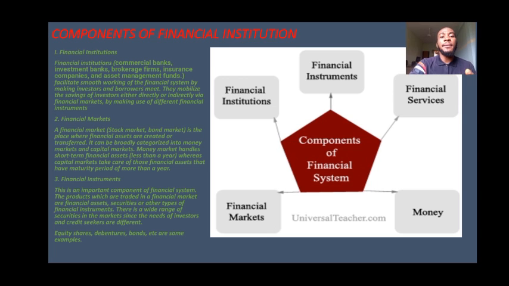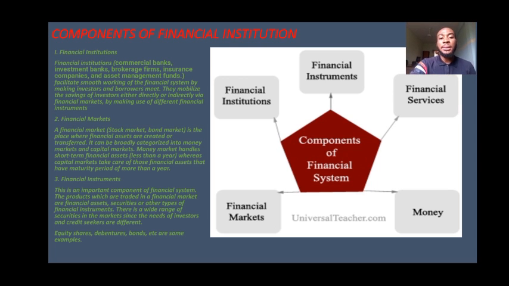In a simple sentence, financial markets are made up of money and capital markets. Money markets are for short-term loans, capital markets are for long-term loans. So this financial market creates short and long-term loans for borrowers. It also helps lenders to invest through financial institutions, and helps borrowers get loans on either a short-term or long-term basis.